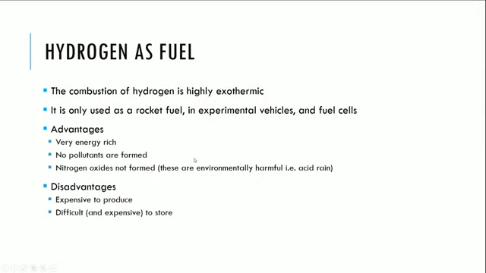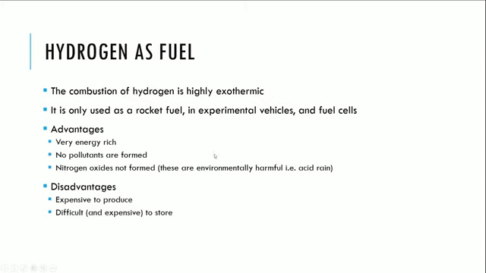So, hydrogen can be used as fuel, right? So the combustion of hydrogen is a highly exothermic process. It is quite commonly used as a rocket fuel or in experimental vehicles and fuel cells. So the advantages of using hydrogen as fuel is that it is very energy rich and you don't get any pollutants forming from it.